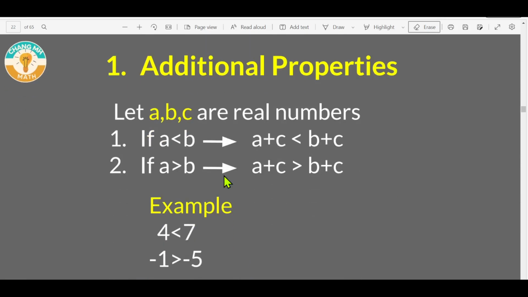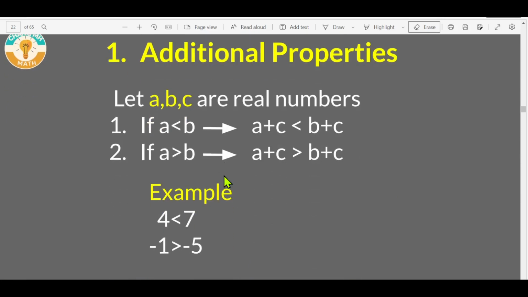Alright, so the first is the addition property. What it means is, let's say A, B, and C are real numbers and A is less than B, and when you add a number to both sides, the inequality sign will not change. It will still be less than, and if it's greater than, after you add a number to both sides, it still does not change.